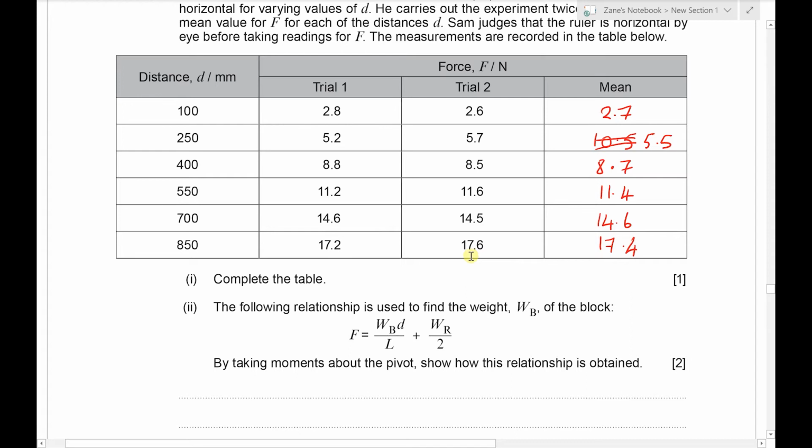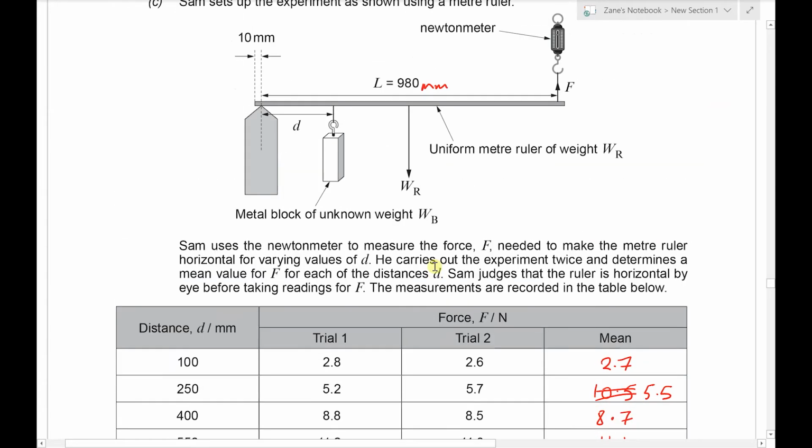Next, the following relationship is used to find the weight of the block, WB, and by taking moments about the pivot show how this relationship is obtained. So, taking moments about the pivot, we've got two clockwise moments.